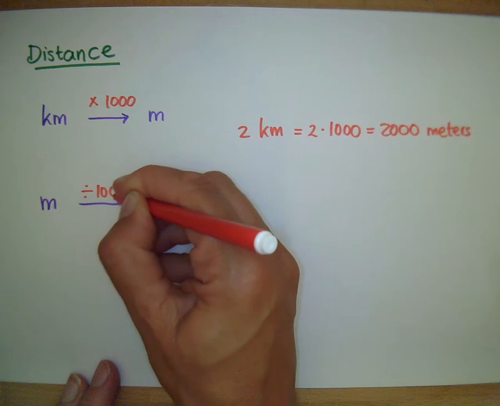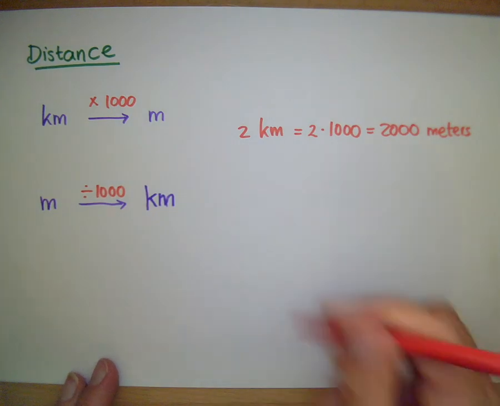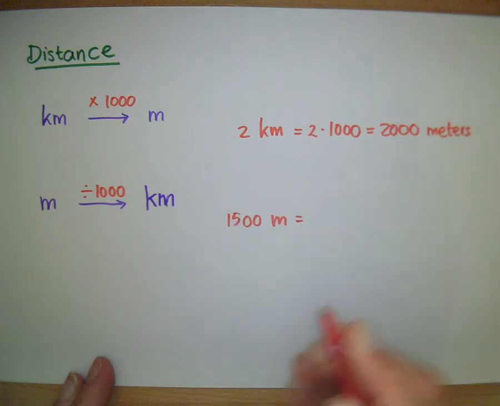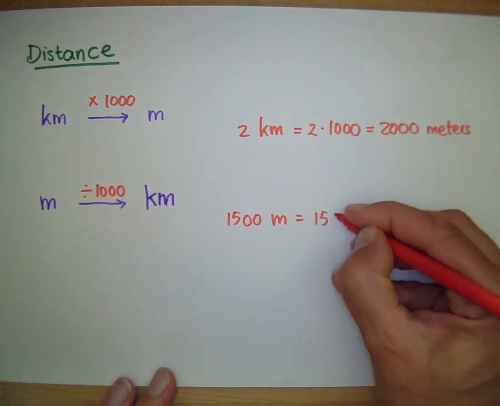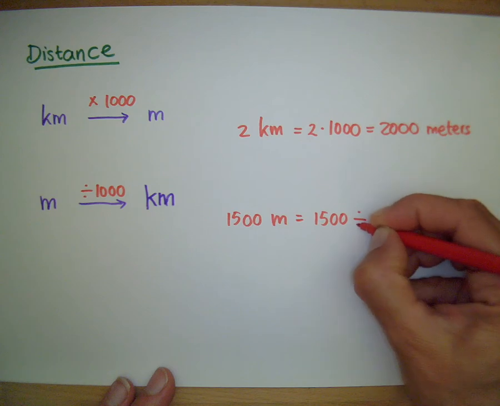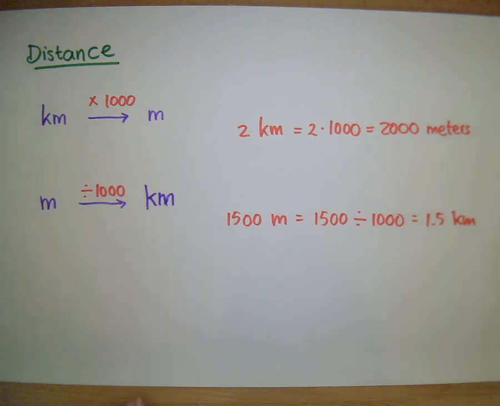So we divide by 1,000. All right, so if I said I walked 1,500 meters, and someone asked me, what is that in kilometers? I just divide my 1,500 meters by 1,000 to tell you that I walked 1.5 kilometers, right?